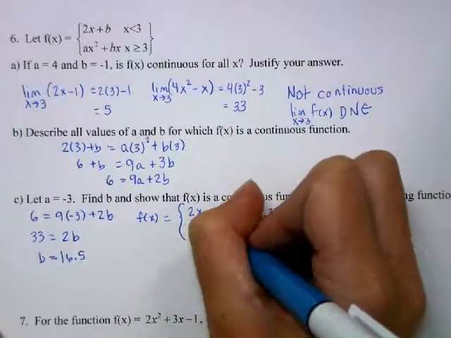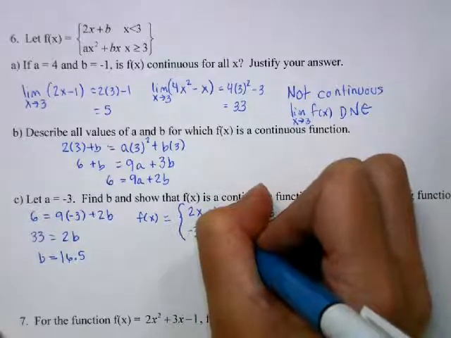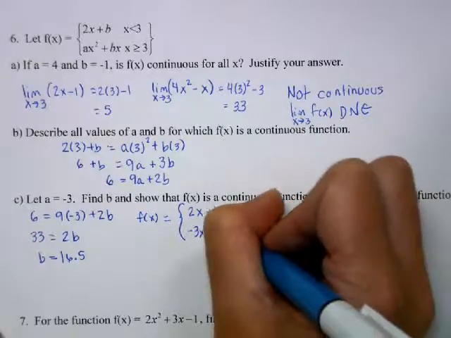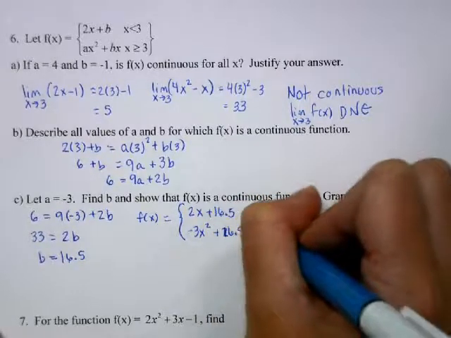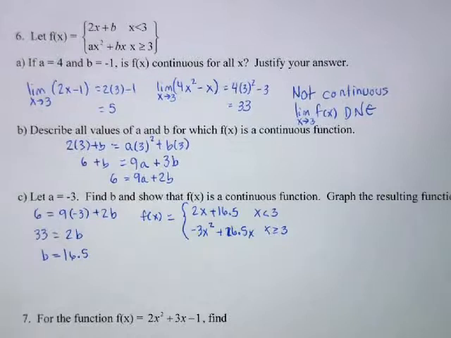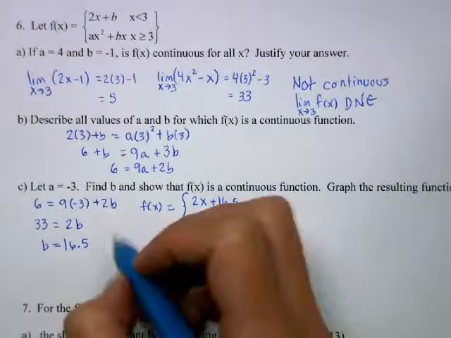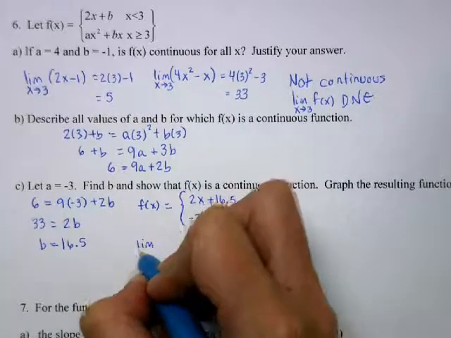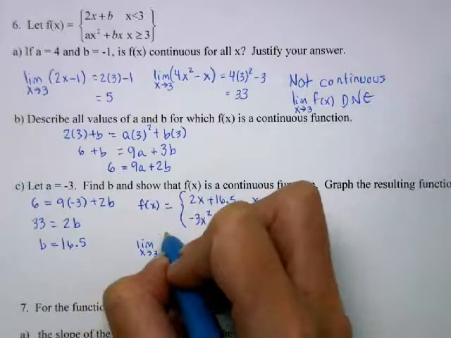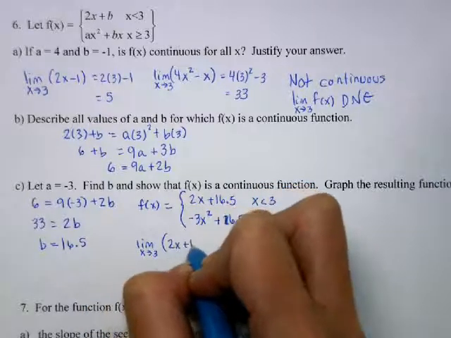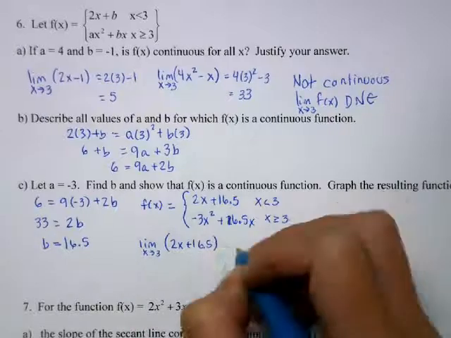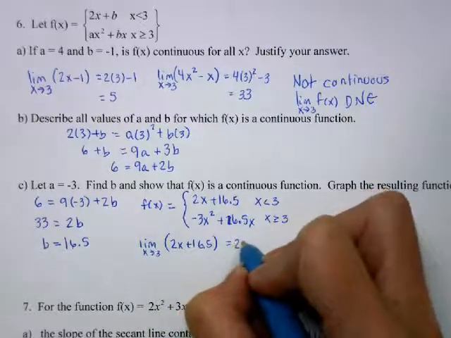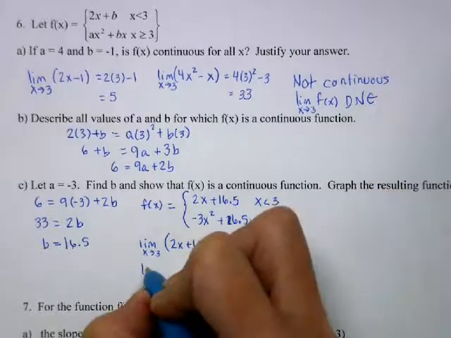So we can show that these are continuous by looking at each of those limits. So if I plug 3 into this one, we're going to get 22.5. Remember, you get a calculator for this part.